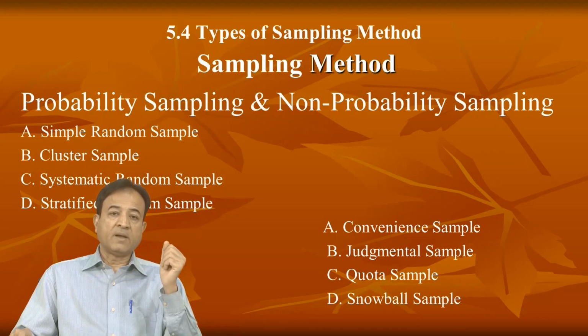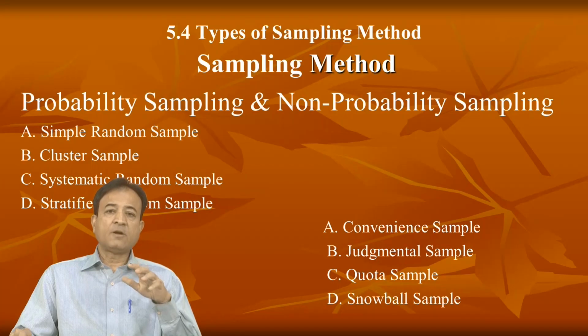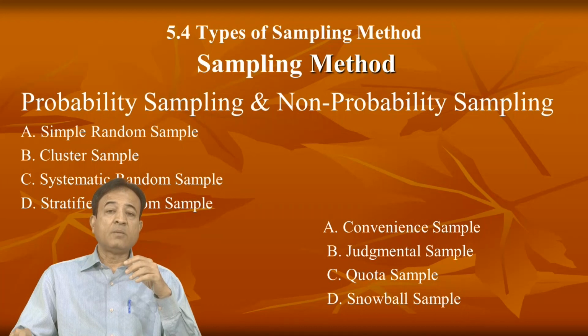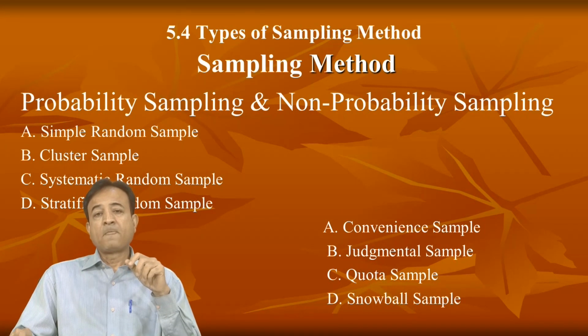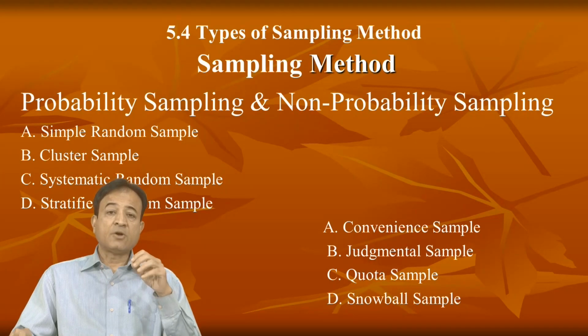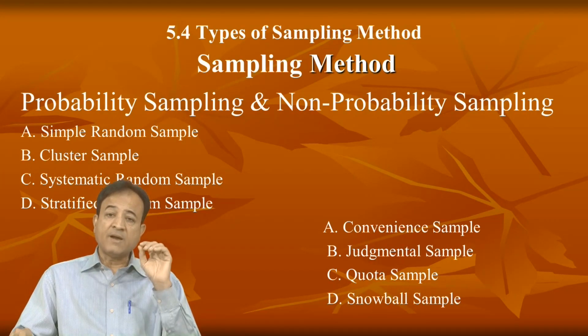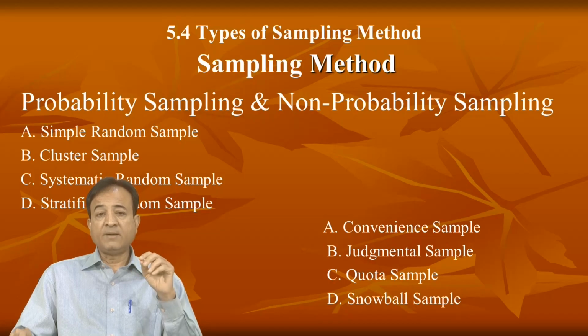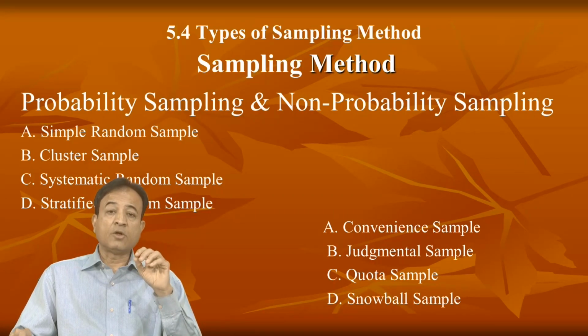Then quota sampling. It is the sampling method to be used by researcher to select the sample based on preset standards. In this case, a sample is formed based on specific attributes. The created sample will have the same qualities found in the total population.